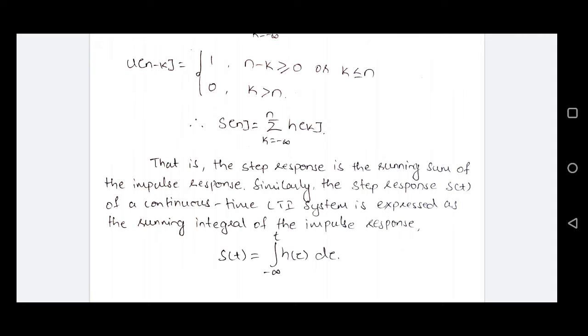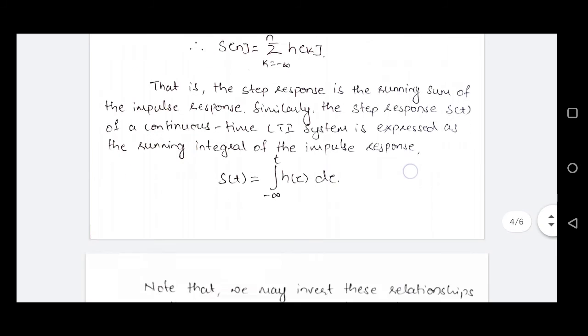Similarly, for continuous linear time invariant systems, the step response is denoted by s of t, and this step response is a running integral of the impulse response. So s of t is equal to the integral from minus infinity to t of h of tau d tau, where s of t is the step response and h of tau is the impulse response.